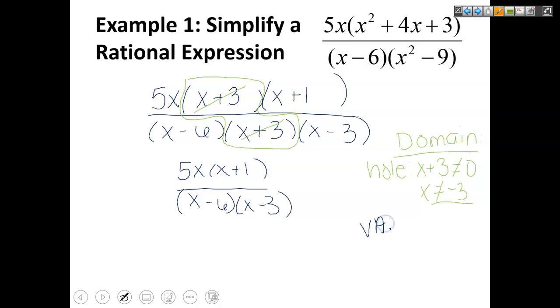So anytime the denominator is equal to 0, we will have what we call a vertical asymptote. That's where there's like this line on your graph. So you're going to have a vertical asymptote when x minus 6 equals 0, or when x equals 6, and when x minus 3 equals 0, or when x equals 3. So my domain has become all reals except -3, 3, and 6.